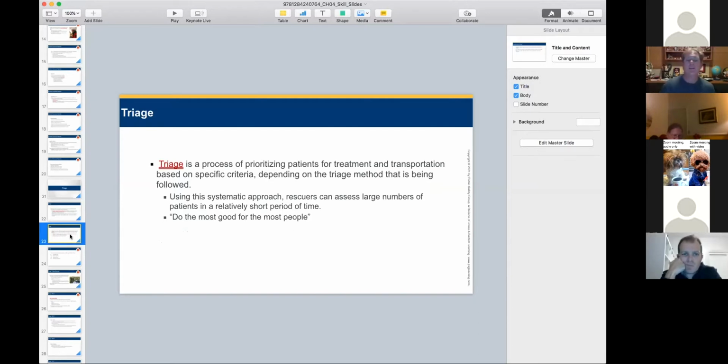Triage is a process of prioritizing, picking and choosing whose injuries are so severe that they're life-threatening and they're going to die. You're survivable, and you're dead. Okay, this is one of those few times that you're going to be making life and death decisions.